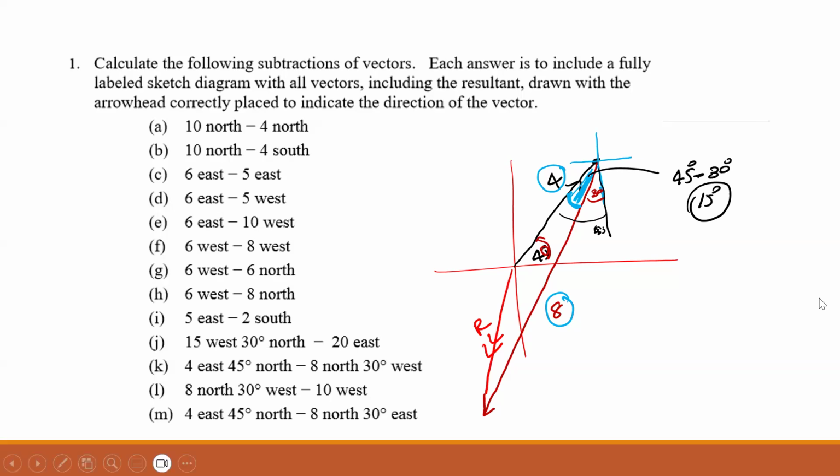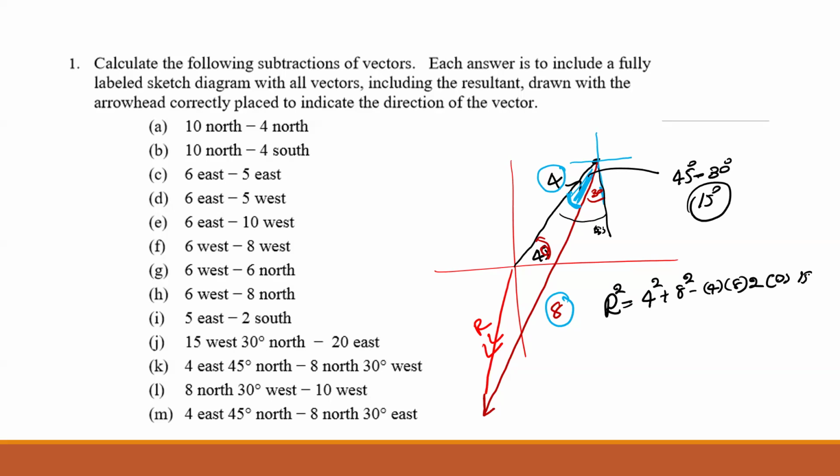Okay, so now we can use the cosine rule and we can write an expression for R. It doesn't matter how the shape looks like. We follow our method. We know the two sides and the angle between the two sides. So we write the cosine rule. R squared equals 4 squared plus 8 squared minus, sorry, 2 should be there, 2 times 4 times 8 times cos 15.